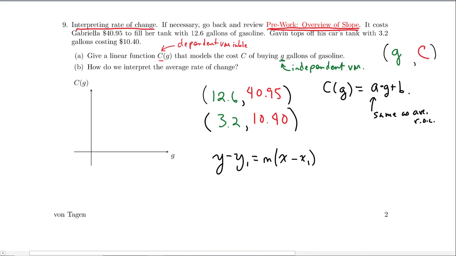So we can go ahead and build the slope of this line. The slope of this line would be 40.95 minus 10.40, and we're going to divide that by the change in the x coordinates, or the independent coordinates. So 3.2, sorry, that should be 12.6, folks.